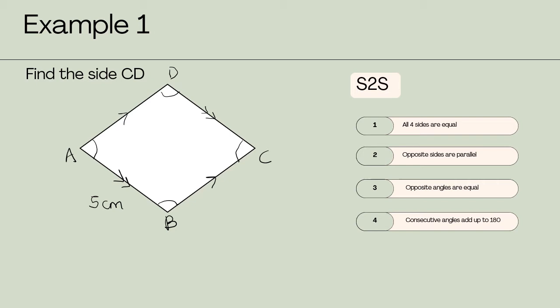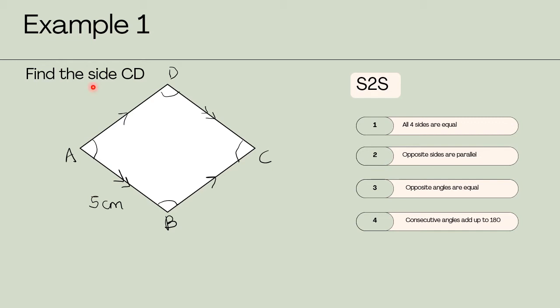So example 1, find the side CD. Now, our step to success again today is mainly on recalling the properties of a rhombus. So not all of the properties are applicable to some of the examples. So we just pick the ones that are applicable.